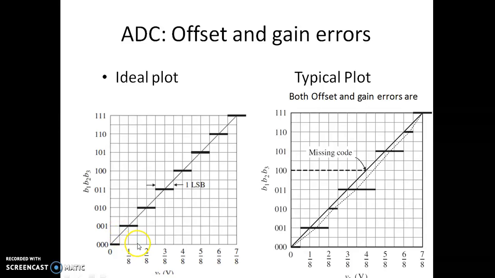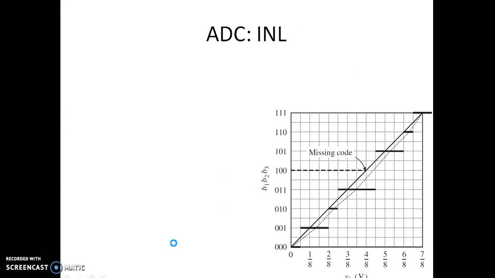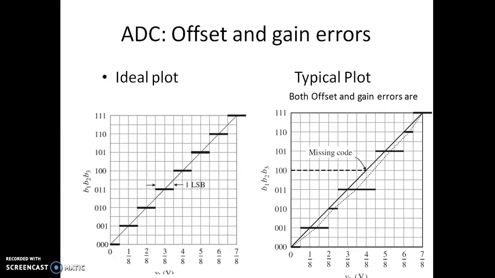This is 3 times half LSB, so there is a transition at 3 times half LSB here. This corresponds to 5 times half LSB, and this corresponds to 7 times half LSB. So the transition in the ideal case will happen for every odd half LSB.